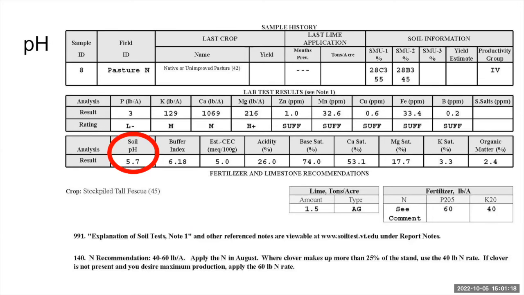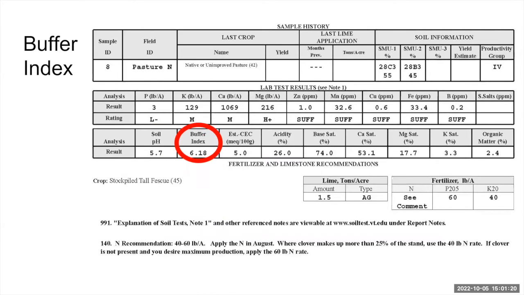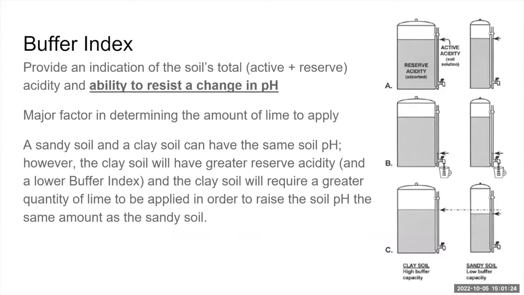The lab also takes into account the buffer index, which you find right next to that soil pH. Buffer index is kind of a tricky concept to wrap your head around. You might just want to think about it as the soil's ability to resist a change in pH and leave it at that.